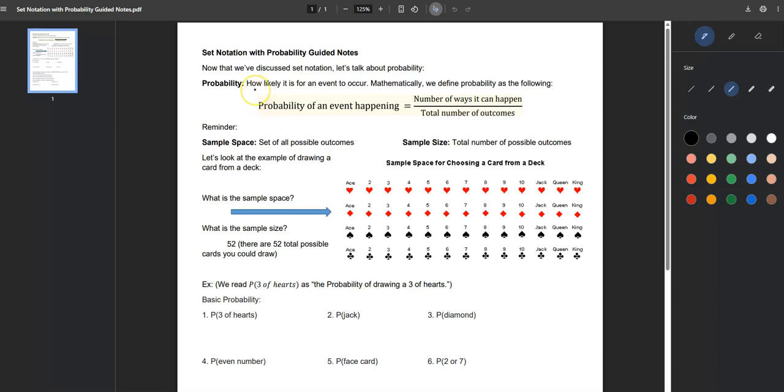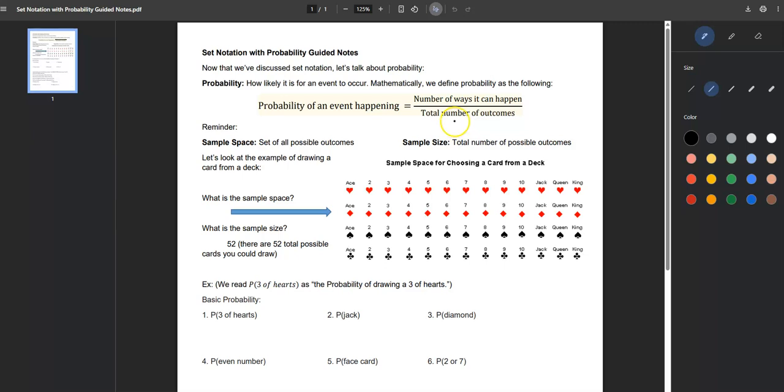You probably have a definition of probability in your mind, and that's great, and probably have a pretty good idea of what probability is, but I just think of probability as how likely it is for an event to occur. To find the probability, one simple, really quick equation is to take the number of ways that whatever we're interested in can happen and divide it by the total number of samples, the outcomes.